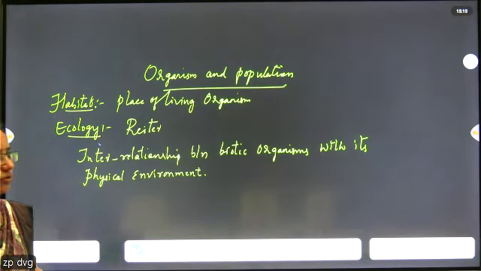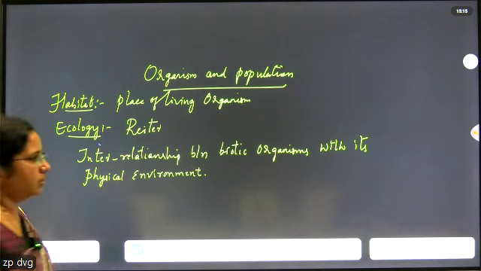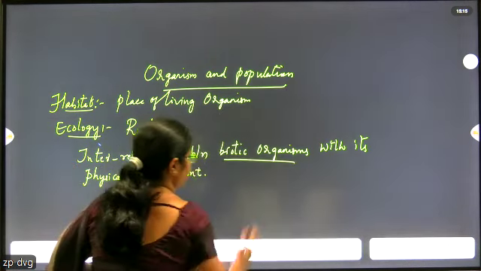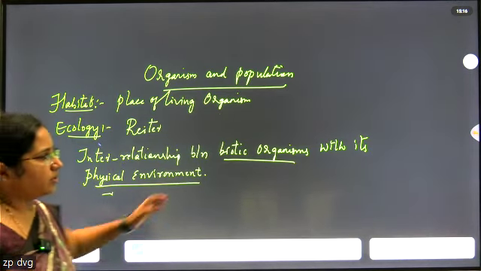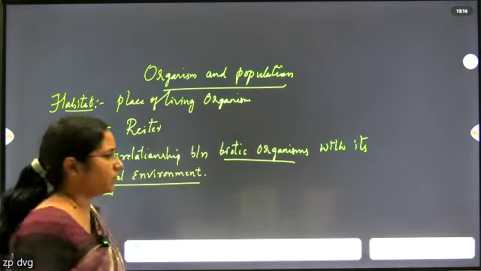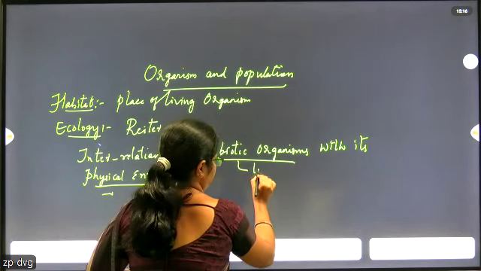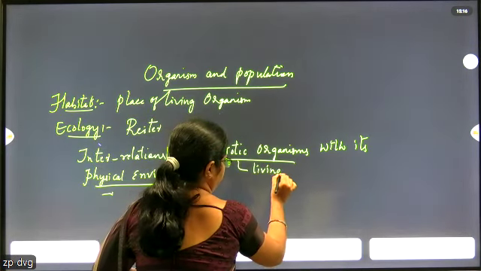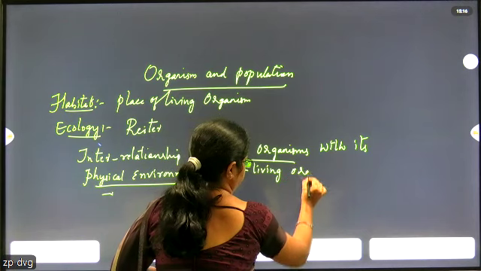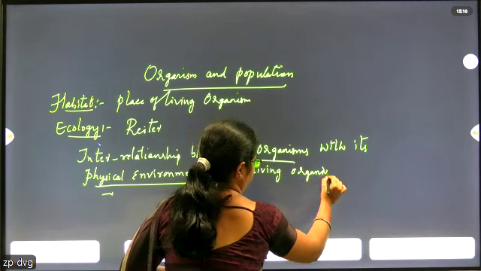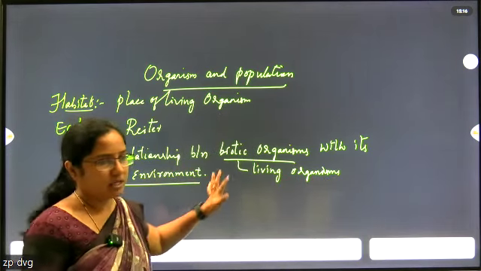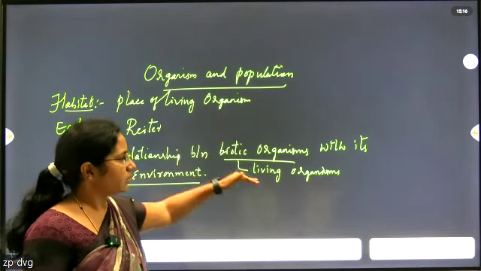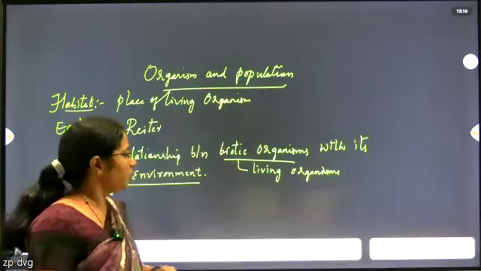So one thing we should notice in this definition is that one is the biotic organism and another one is the physical environment. Biotic organism is nothing but all the living organisms, which includes all types of organisms surviving in the living state. Those are called biotic organisms.